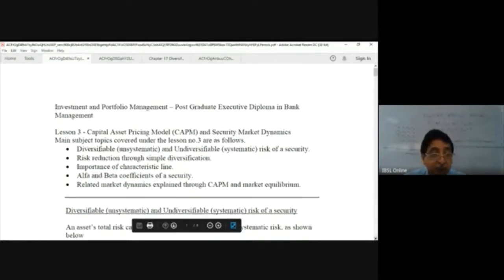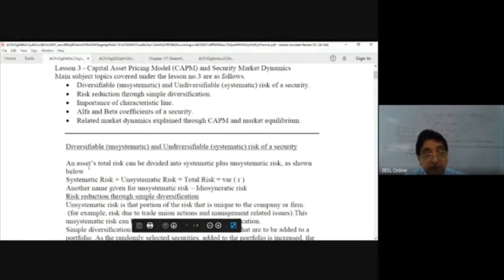The first part of it, I have already explained with diagrams at the beginning of today's session: diversifiable and undiversifiable risk of a security. So I think you can imagine what we did at that time. An asset's total risk can be divided into systematic plus unsystematic risk, as shown below.